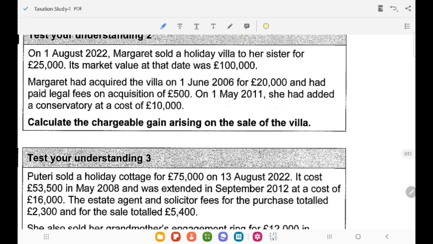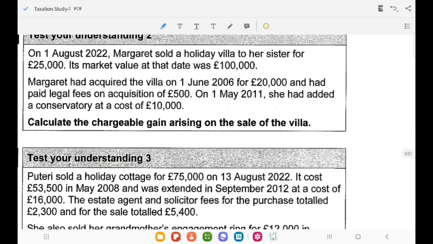Now for this understanding, on 1st August 2022, Margaret sold a holiday villa to her sister for 25,000. Its market value at that date was 1 lakh. Margaret had acquired the villa on 1st June 2006 for 20,000 and had paid a legal fee on acquisition of 500. On 1st May 2011, she had added a conservatory at a cost of 10,000.